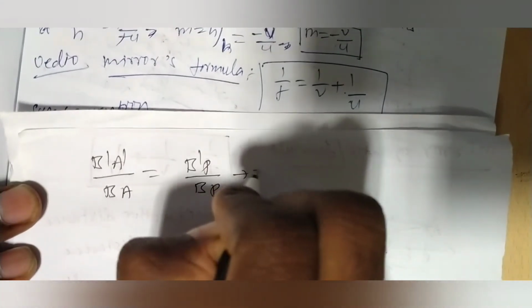Here, B dash P by BP in the form of equation number 2.